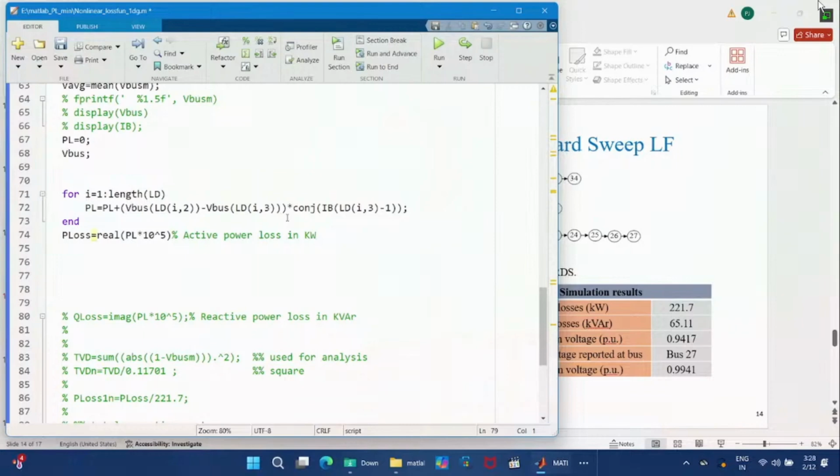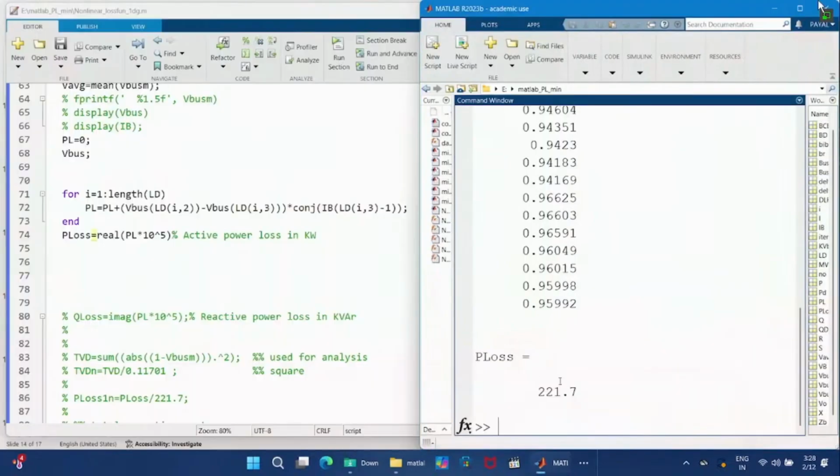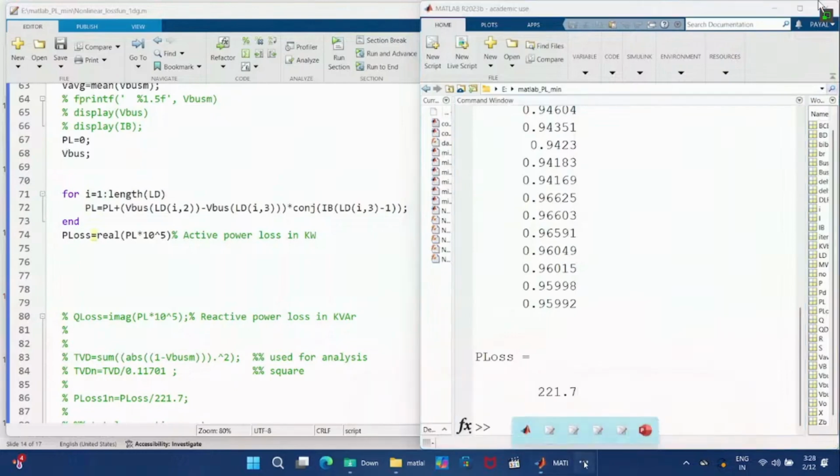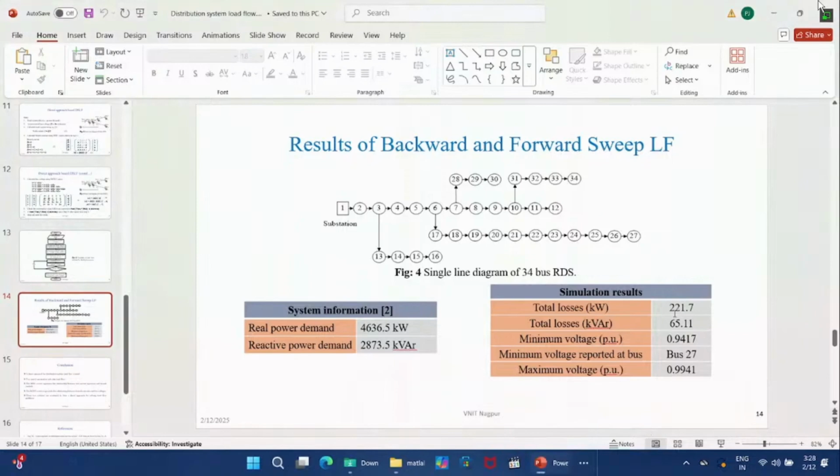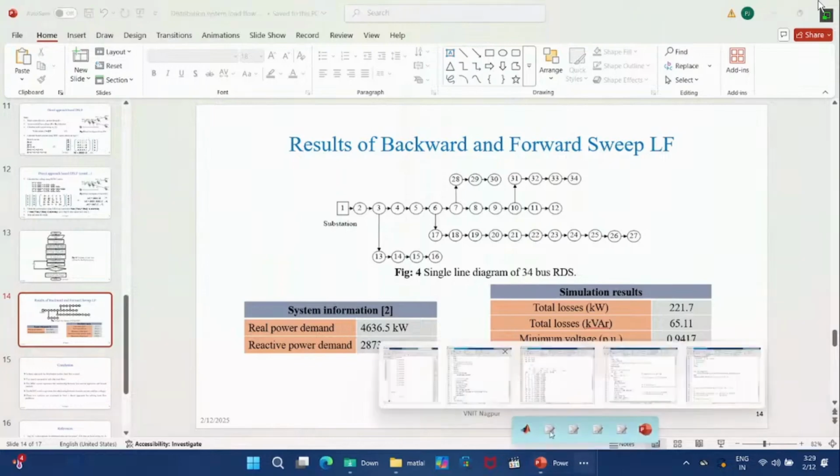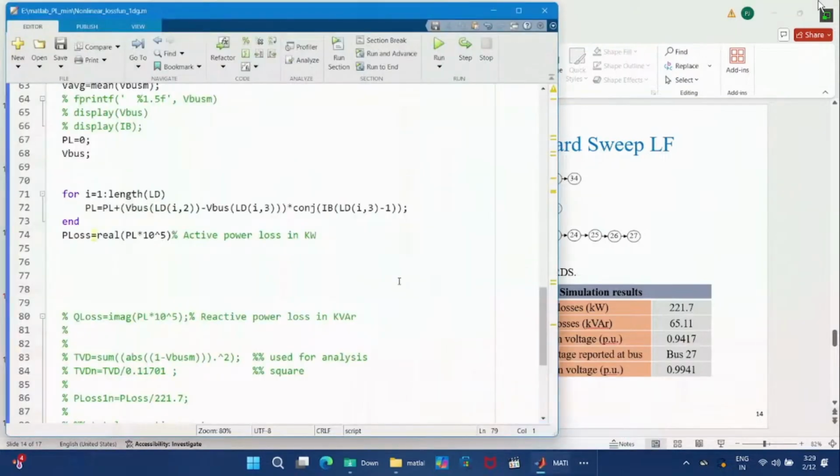Based on that we calculate the power loss, and later we convert it from per unit to real. This power loss comes to 21.7 kilowatt, and the same is mentioned in this table. So partially we can say it's all right, our programming is okay.